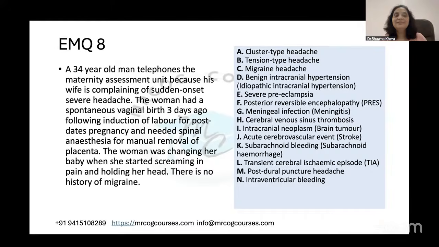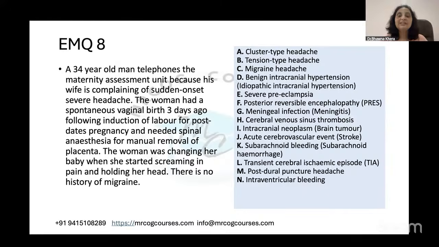A 34-year-old man telephones the maternity assessment unit because his wife is complaining of sudden onset severe headache. The woman had a spontaneous vaginal birth 3 days ago following induction of labor for post-dates pregnancy and needed spinal anesthesia for manual removal of placenta.